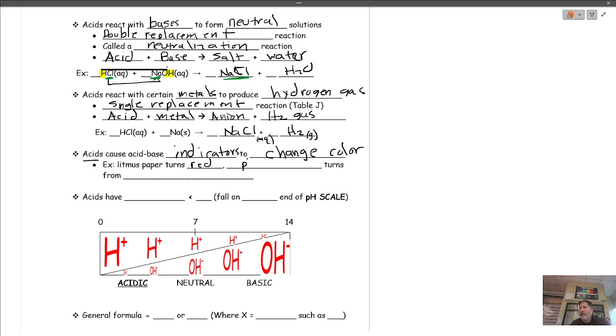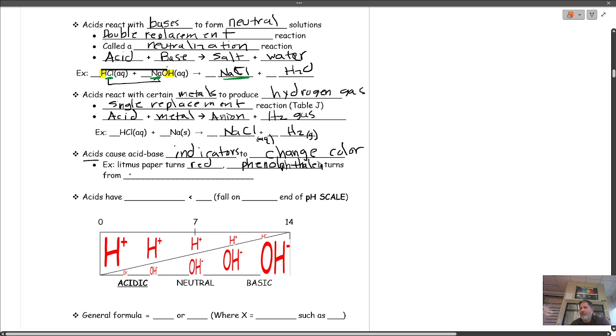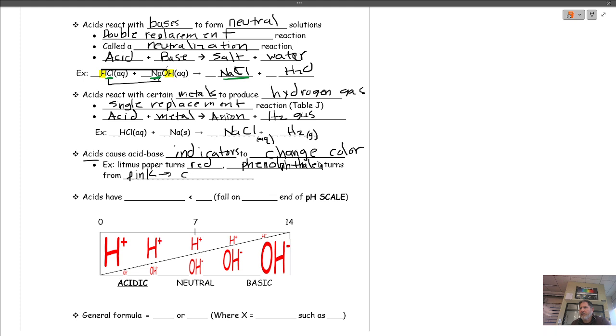Phenolphthalein does too. This is a tough one. It's phenol, and then the hardest part, phthalein. Gosh, it's such a hard one to learn. Phenolphthalein turns from pink to colorless. So you'll start off with something pink, and then you'll see it turn colorless in an acid. And litmus paper will just turn red.